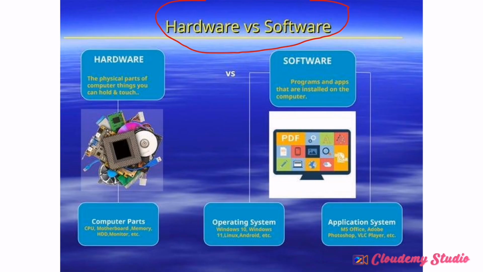A lamp you can touch and see at the same time. Physically, you can feel it. That is hardware. A hard drive you can touch, feel, and see at the same time. That is hardware. Okay? A processor is hardware. A disk is hardware. A memory card is hardware.